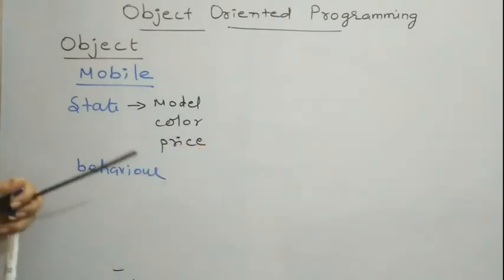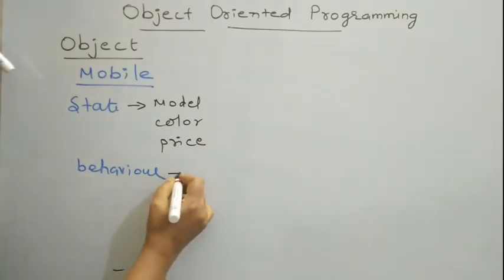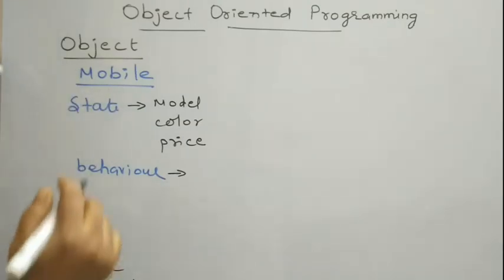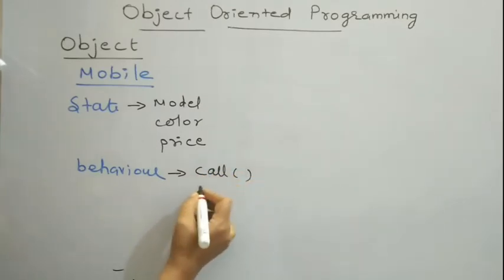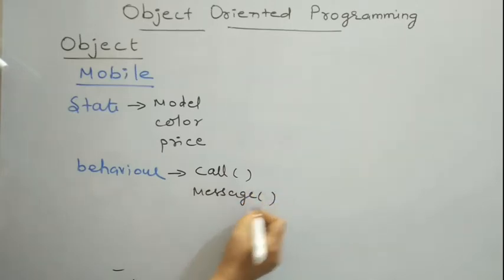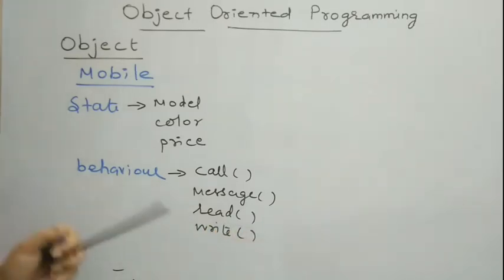These are the properties or state of my object, that is mobile. Behavior: using the mobile, what tasks can we do, what functionality can we perform? We can make calls, send messages, and read and write using this mobile phone. These are the different functionalities of a mobile phone.